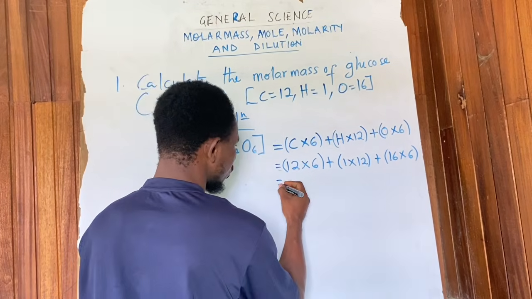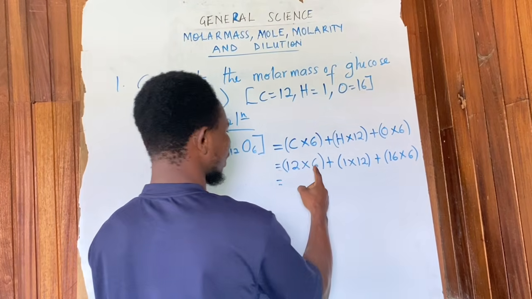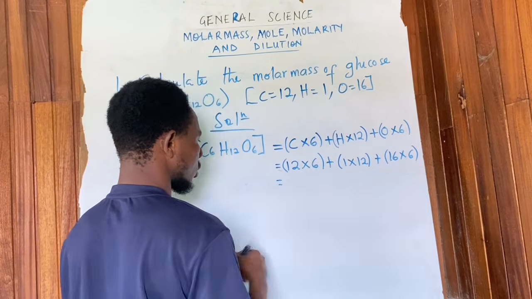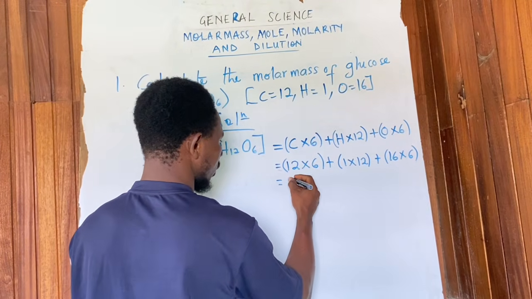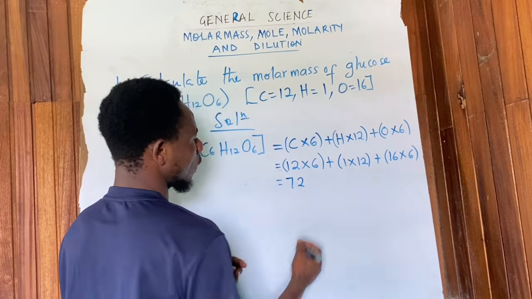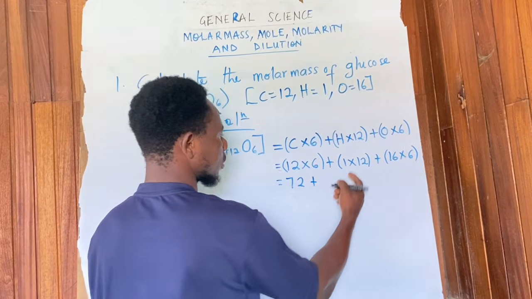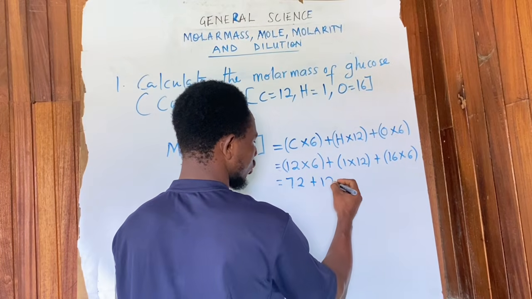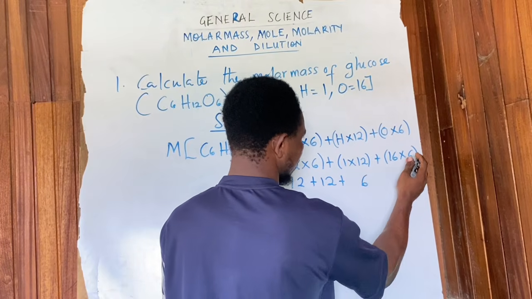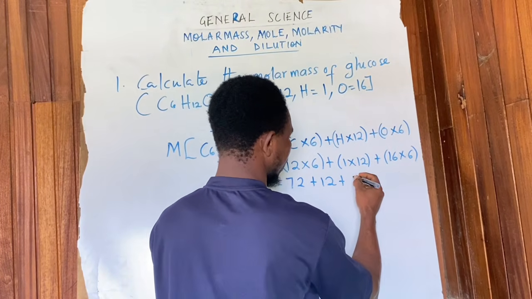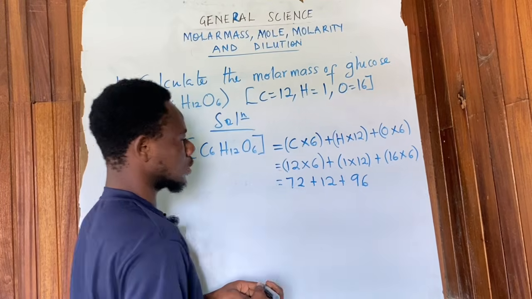Then you move on to solve. So you just multiply 6 and 12. So it's 72, plus 1 times 12 is 12, plus we have 6 times 16, which is 96.